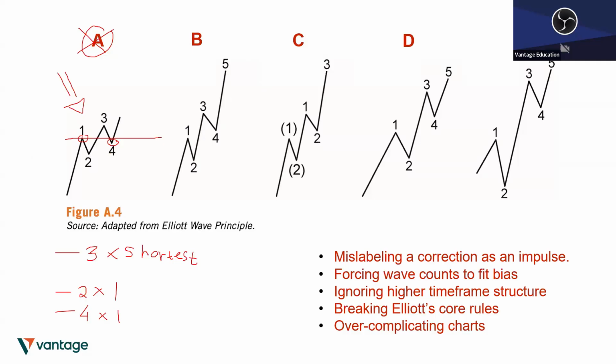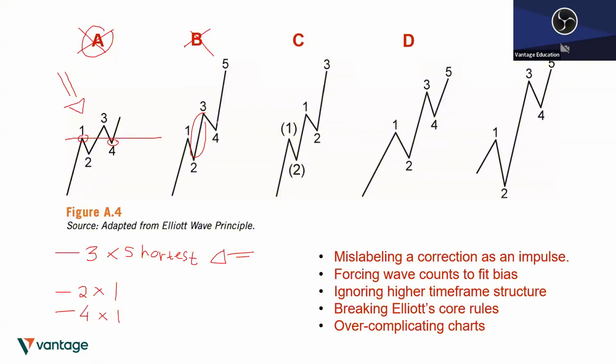Thank you, Gila. Thank you, Roman. Thank you, Ting. Thank you, Brian, Muhammad. Thank you, Josh. Okay, yes, this is a wrong wave count because 3 cannot be the shortest, right? So we don't know for sure, because I'm not measuring, but one look, it looks like 3 is the shortest. We're just gonna assume 3 is the shortest here. Actually, it really looks like 3 is the shortest. Therefore, this is not the correct wave count.